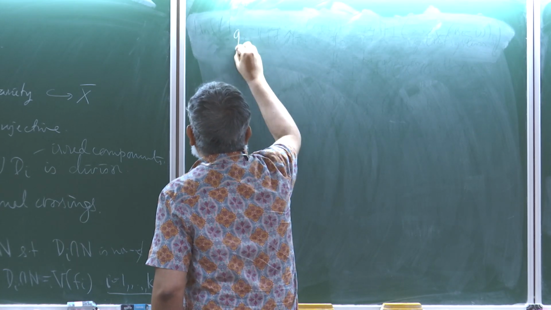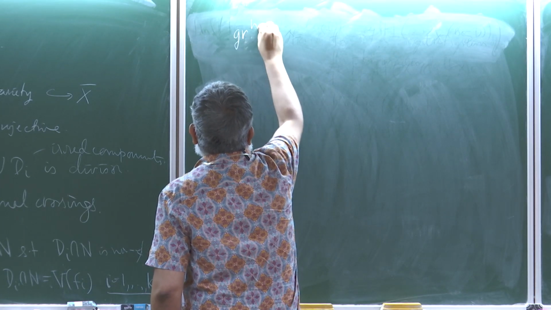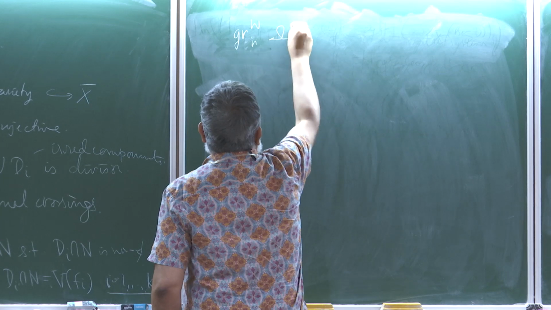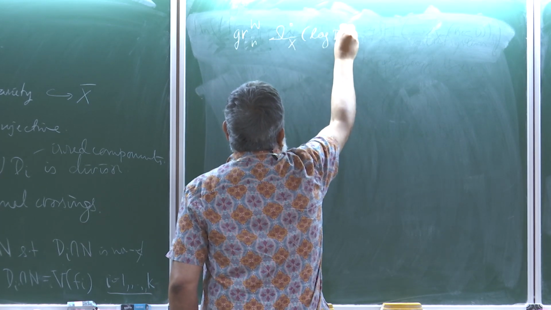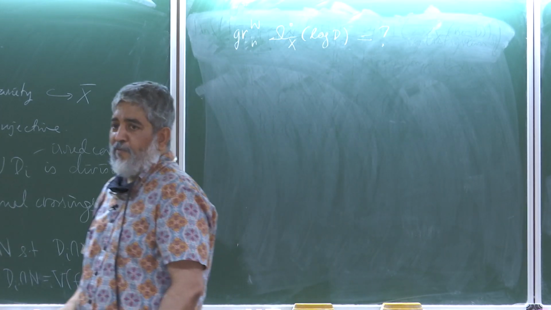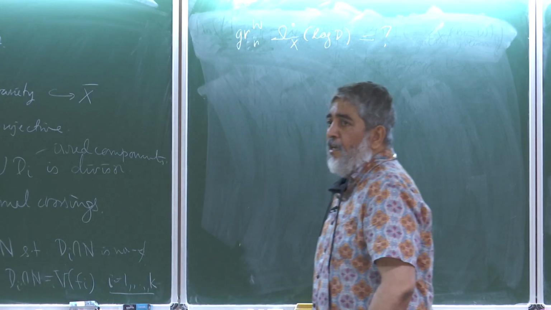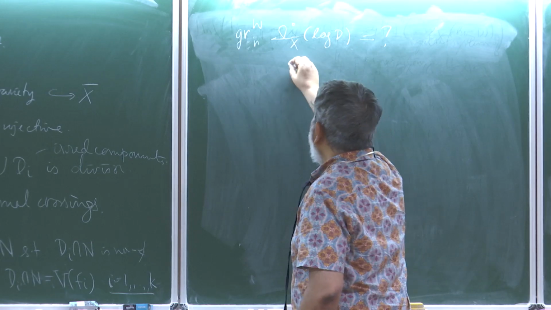Okay. So ultimately the calculation is going to depend on going to projective varieties, and that is done by the following observation: to calculate what is gr_n^W of omega dot X bar log B. So we want to calculate this at the level of complexes.